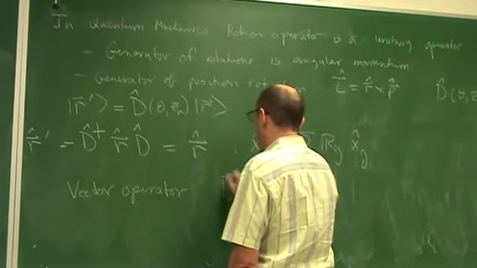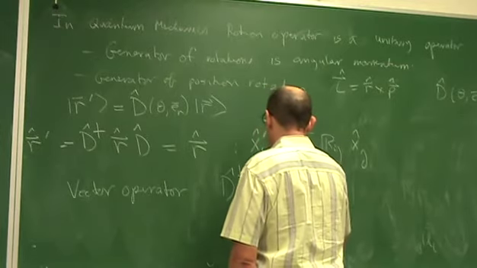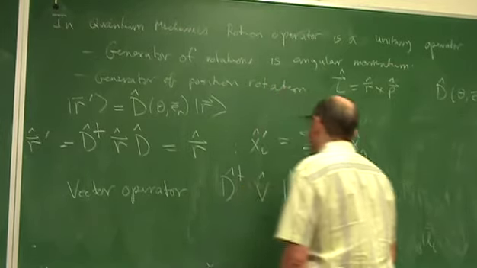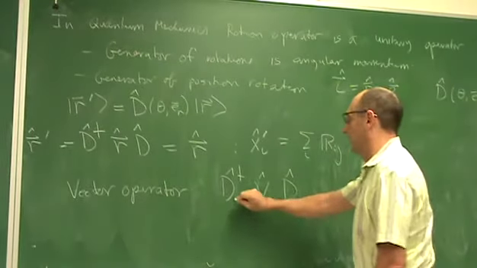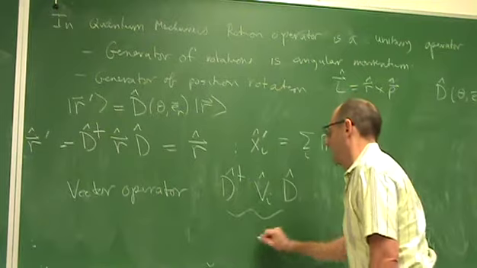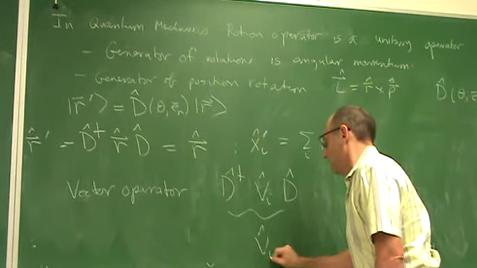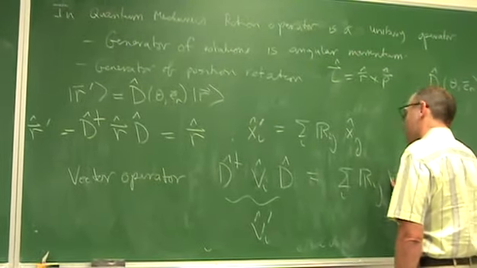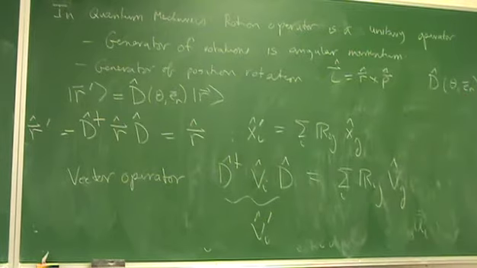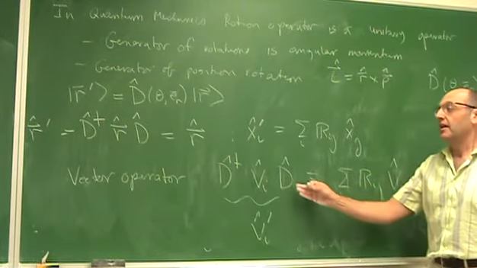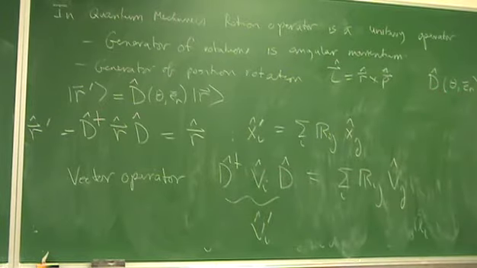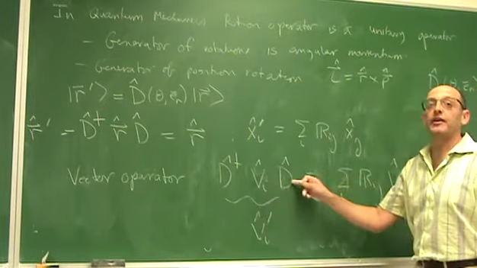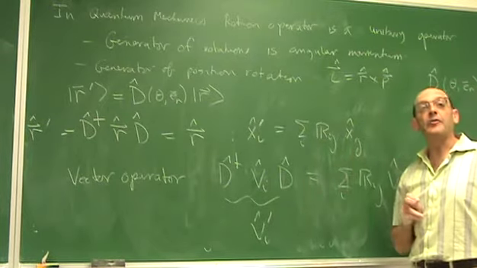as an operator which, under the action of a rotation transformation, this is x_i prime, so a collection of three operators which transform under a rotation transformation, as accomplished by a unitary transformation generated by angular momentum.